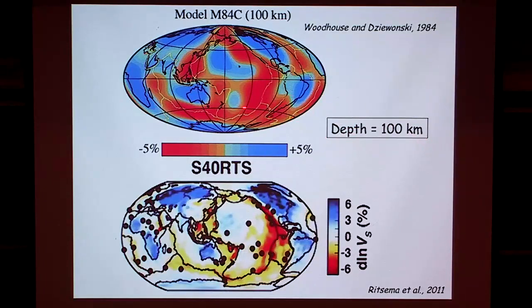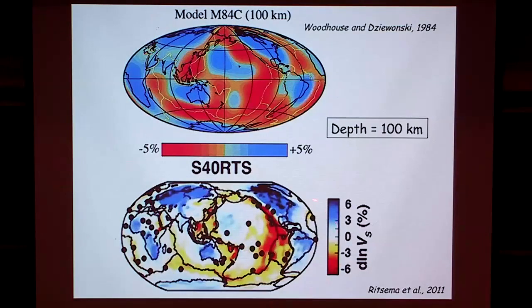At the time, only really long wavelength structure was possible to resolve, but most of the structures that we know today were in place. We saw the slow ridge system and back arcs, the increase of velocities with the age of the plate, the cooling of the plate, the faster than average continents or cratons, right, are there.